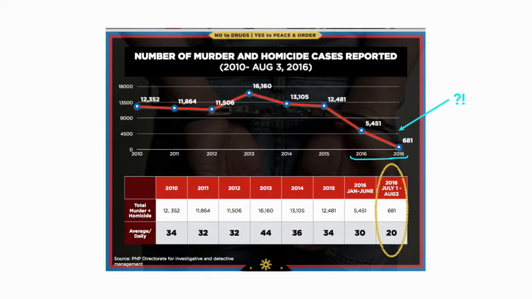The second to last point counts only crimes from January to June, so just 6 months of data. And the last data point counts only from July 1st to August 3rd, so just 1 month of data. So comparing all the crimes that happen in 1 month to all the crimes that happen in 1 year, of course that's going to be a smaller number. I mean, it's hard to believe that this visualization mistake was made unintentionally.